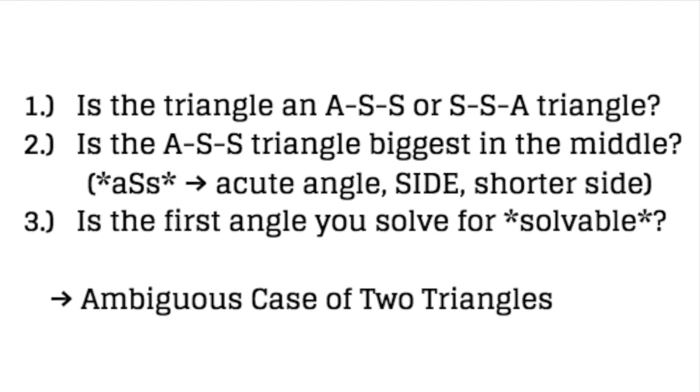Or the side length across the given angle is greater than the side length adjacent to the given angle, and in that case you only have one triangle because you cannot swing it in to make another triangle, like we saw in example 2.